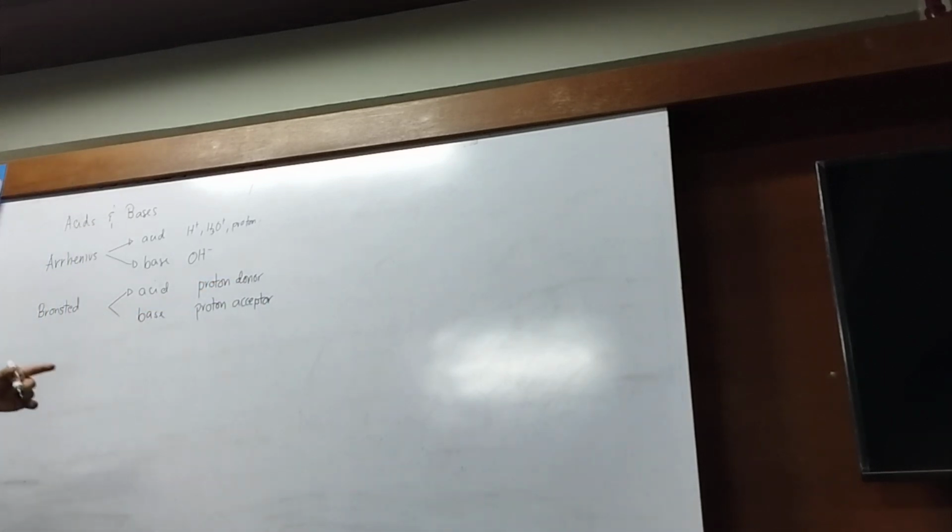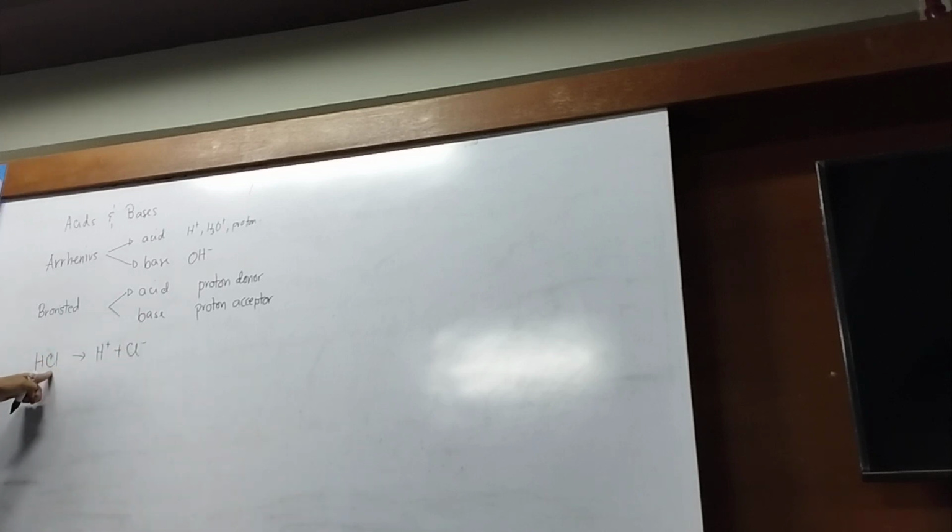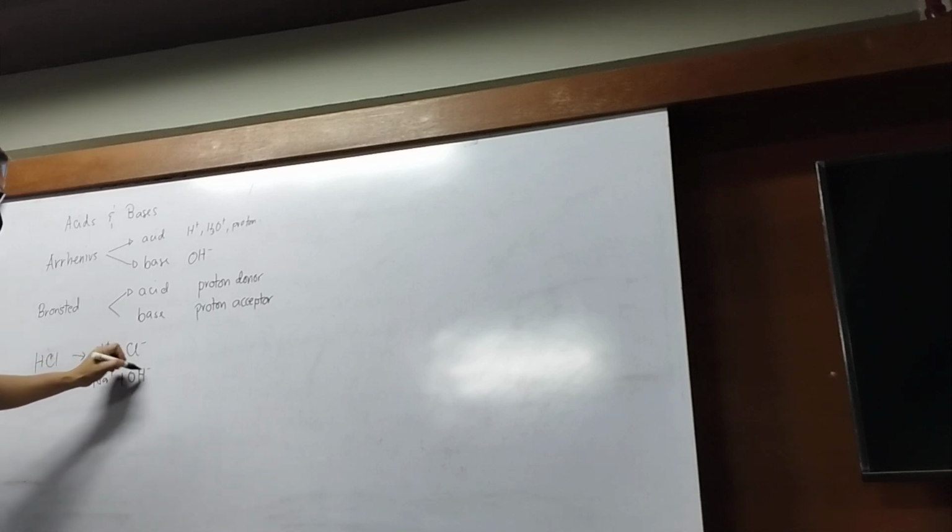So the simple definition of Arrhenius, you just have H plus, this is the acid, or let's say we have HCl. This produces H plus Cl minus in solution. So hydrochloric acid or HCl is an acid because it gives us H plus in solution. NaOH will produce Na plus OH minus in solution. So that's the definition of acid and bases.